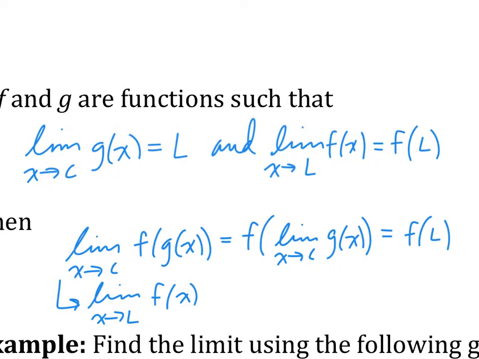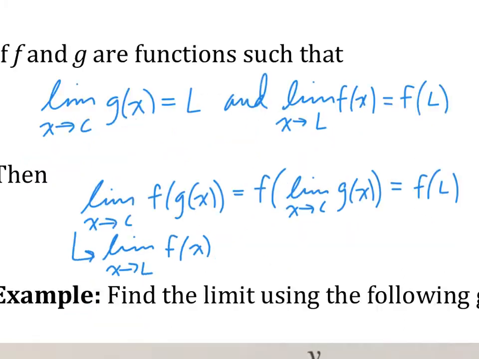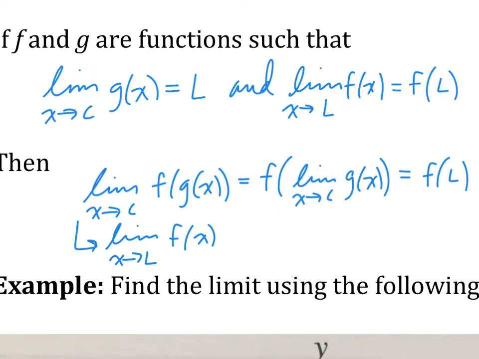When x goes into g, it becomes L, so I can change the whole question so that it's just L as the new x. Yes? Okay, now this works if the limit actually exists at each one.